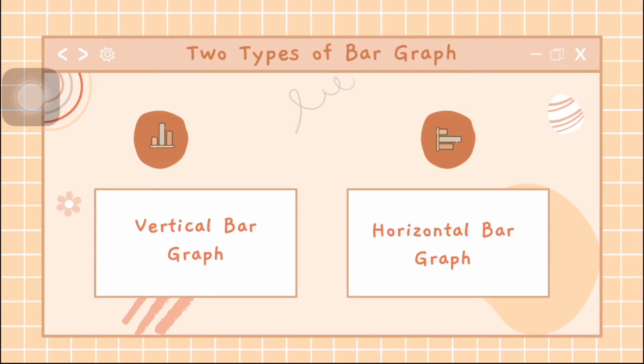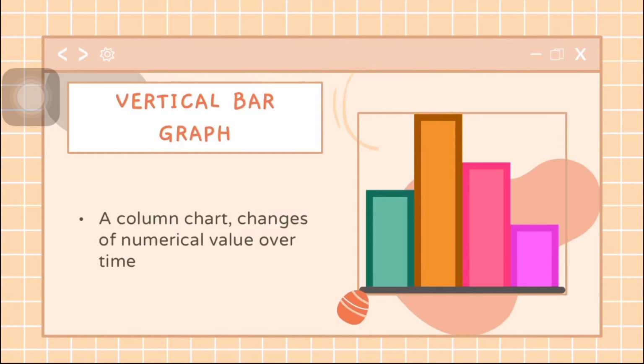Bar graph. It is used to show relationship or comparison between two groups. There are two types of bar graph: the vertical bar graph and the horizontal bar graph. A vertical bar graph is a column chart showing changes of numerical value over time.